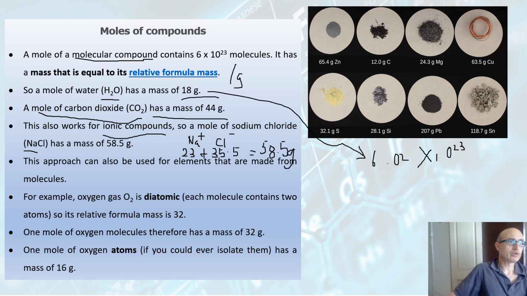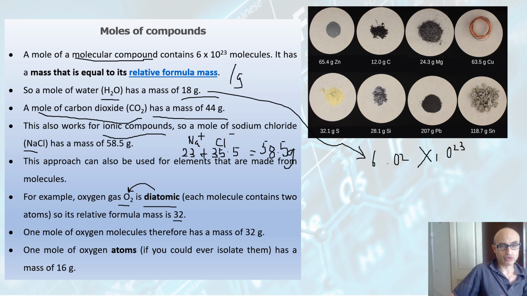If we go on to look at oxygen gas, oxygen is of course diatomic, meaning that there are 2 atoms per molecule. Since each atom has a relative atomic mass equal to 16, oxygen must be 16 by 2, that's 32. That's the relative molecular mass of a single oxygen molecule.